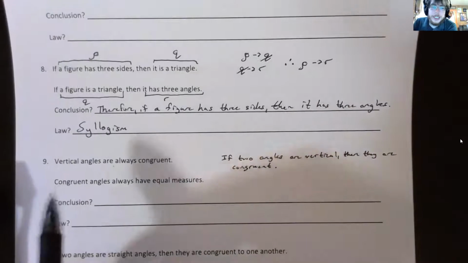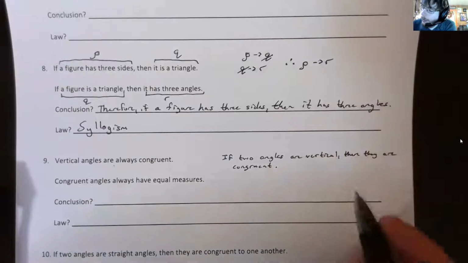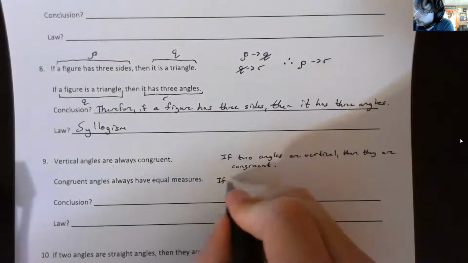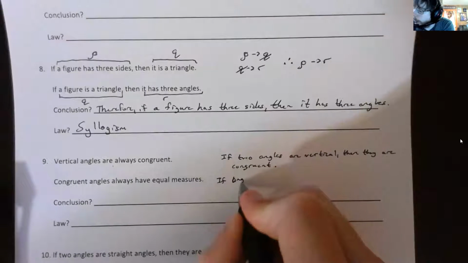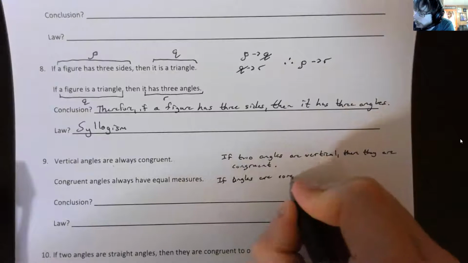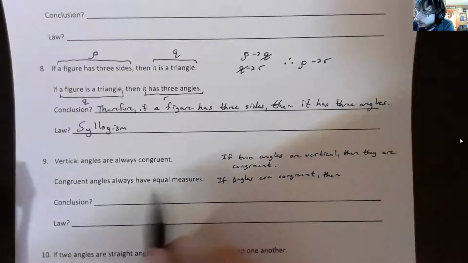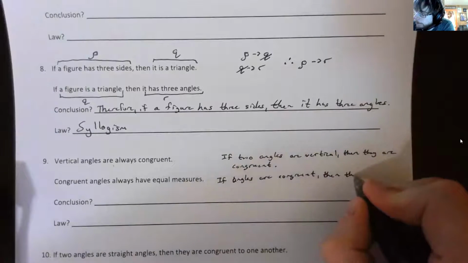Likewise, it says congruent angles always have equal measures. So the subject is congruent angles. So if angles are congruent, then they have equal measure.